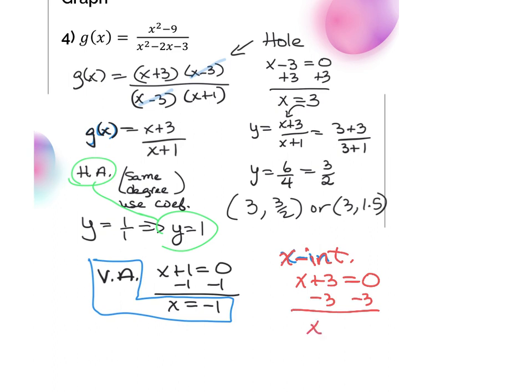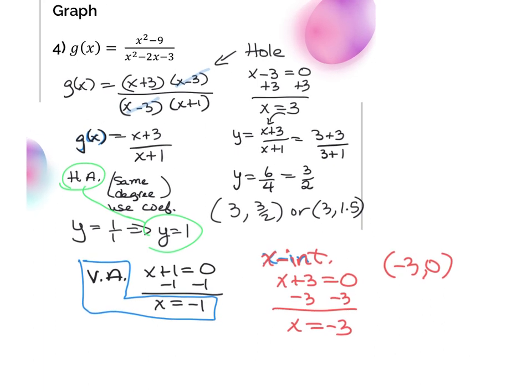Subtract 3. So I have an x-intercept at -3 comma 0. For the y-intercept, I'm plugging in x equals 0. So if I take my simplified function, 0 plus 3 over 0 plus 1, that's 3 over 1.